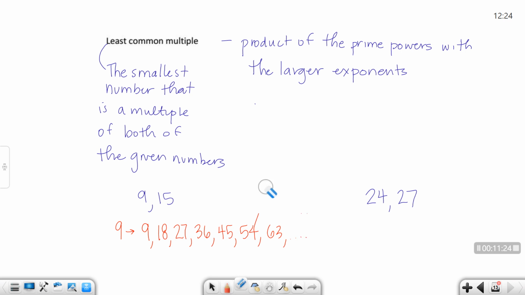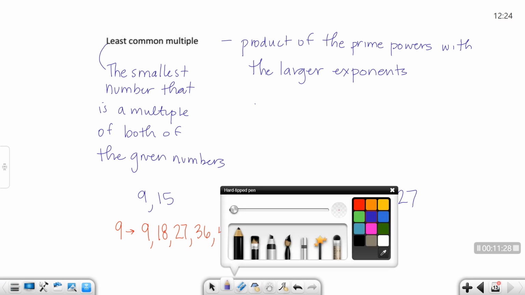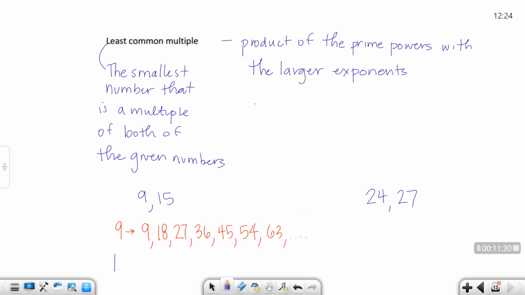I might need more than that, I might not, we'll have to see. So I'm also going to go out my 15 multiplication table. 15 times 1, 15 times 2, 15 times 3, 15 times 4, and so forth.